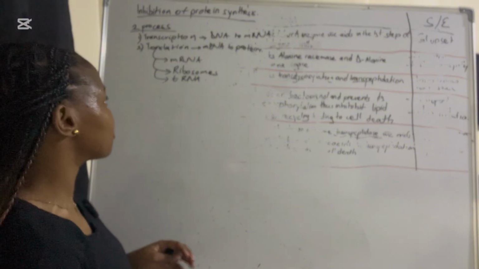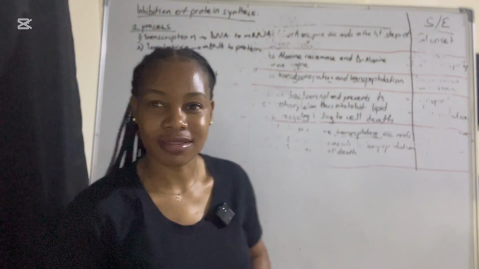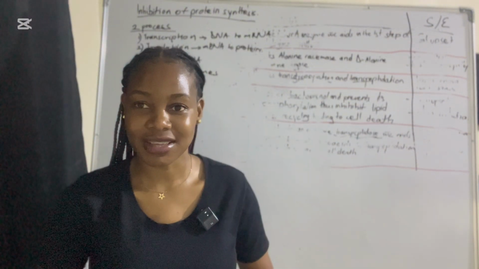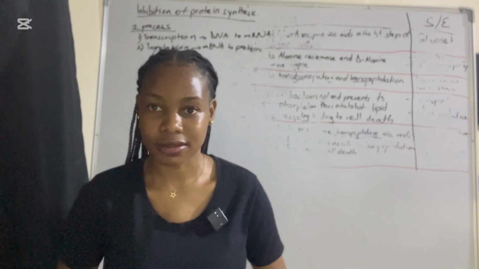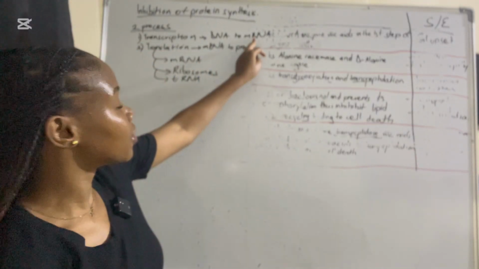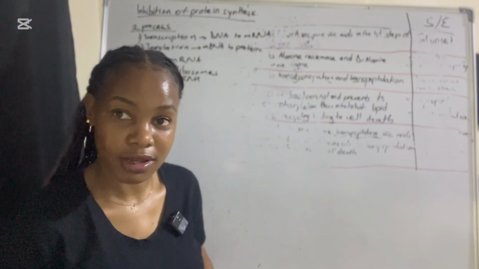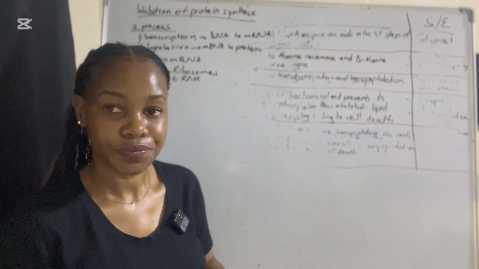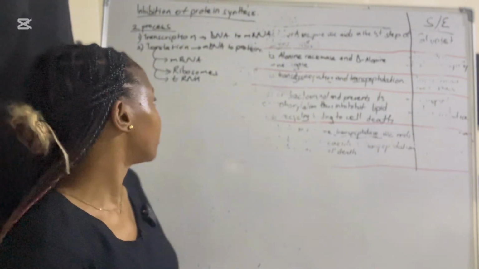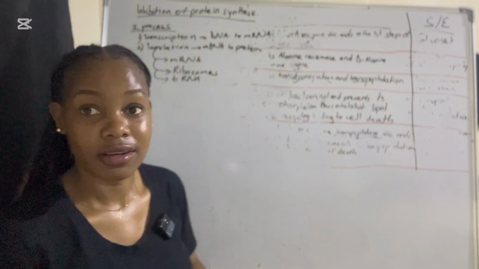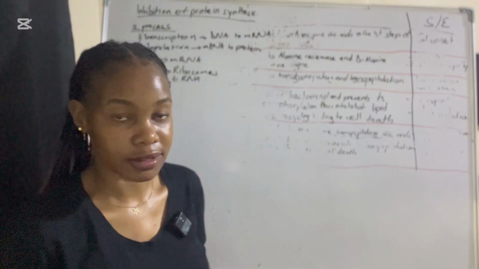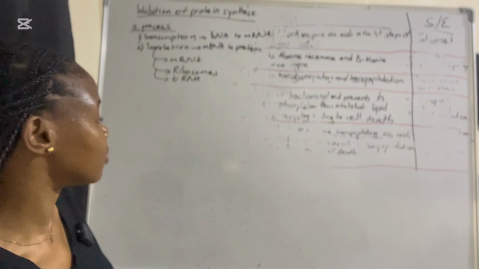So what happens in translation? This is a process that occurs within the cytoplasm of the bacteria. The messenger RNA that is formed within the nucleus is going to move out of the nucleus and travel to the cytoplasm where there are ribosomes and transfer RNAs.